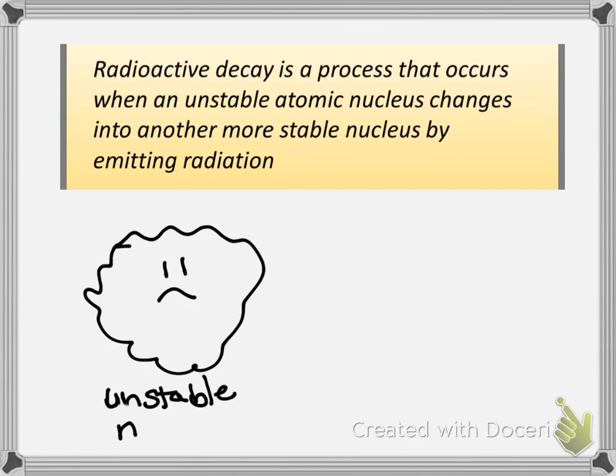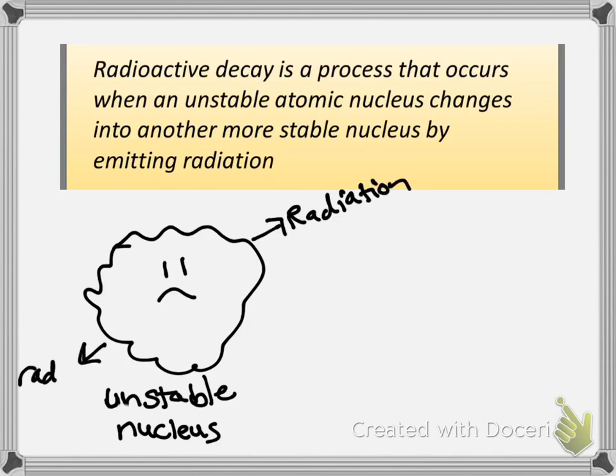Okay, and a nucleus that is unstable is really unhappy. So this nucleus is going to release something. This something is called radiation. Radiation comes out of an unhappy nucleus, or we want to say unstable.